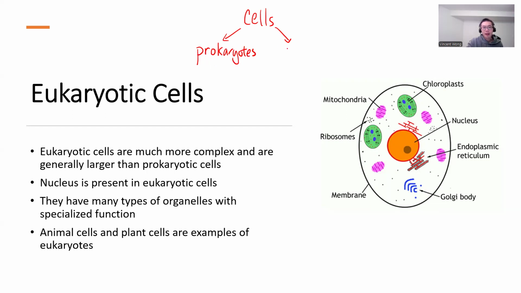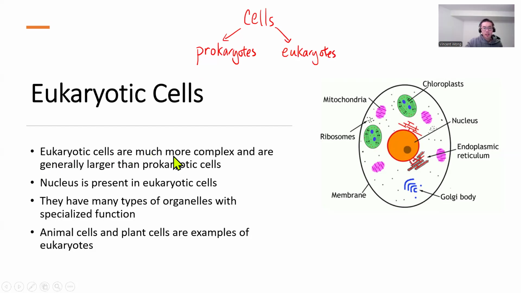And then we have the more complicated ones called eukaryotes. Sometimes it's okay to say eukaryotes or eukaryotic cells, prokaryotes or prokaryotic cells. So these are simpler ones. These are more complicated, which is what is written here, right?